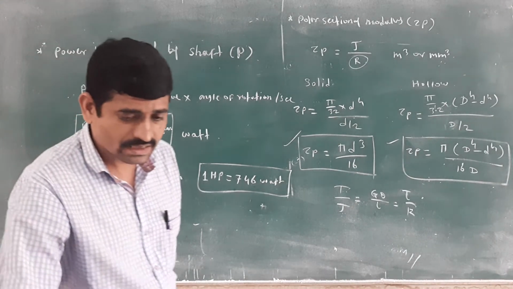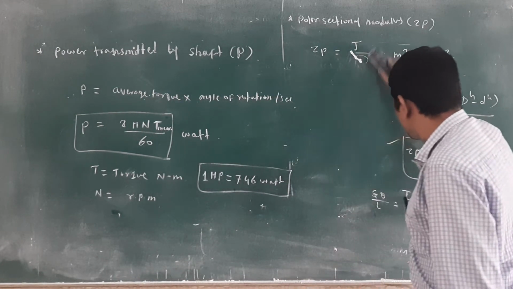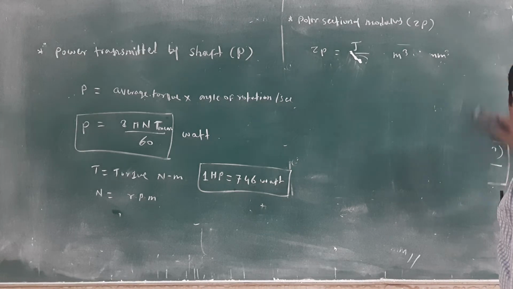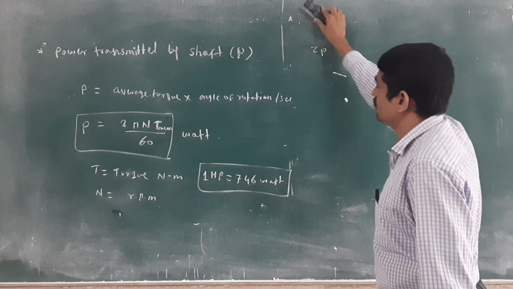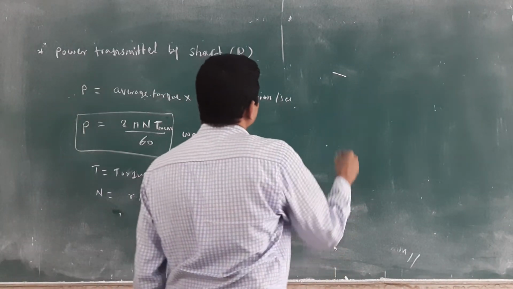Then next is the torsional rigidity. It is denoted by K. How to calculate that torsional rigidity?